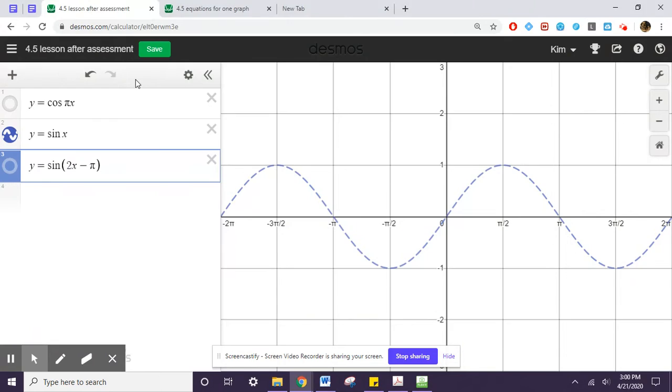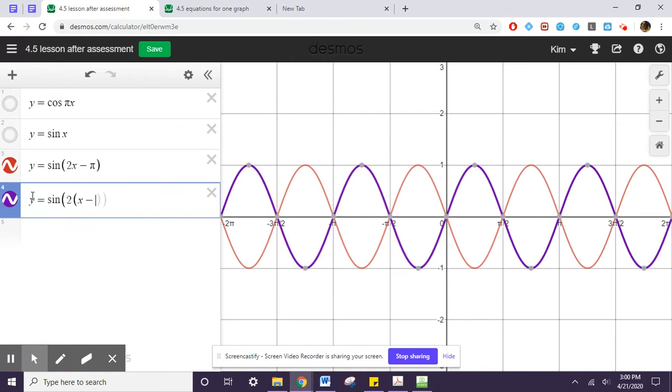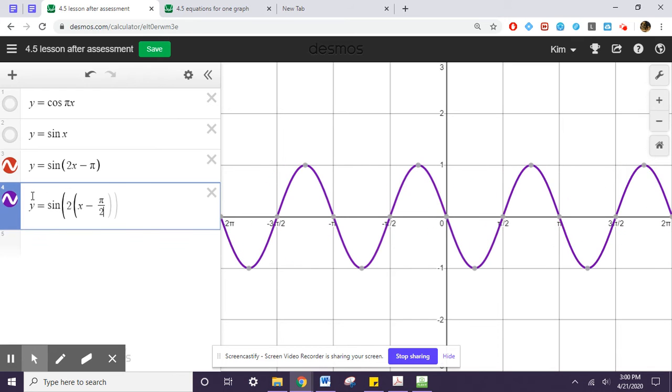Okay, so over to Desmos. And so, like I said, let me first show you this graph is the same as when we factor out the pi over 2. Okay, so they are indeed the same graph. And then what I like to do is I like us to do the horizontal shrink first.